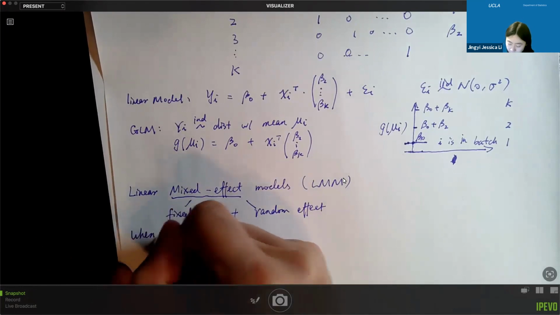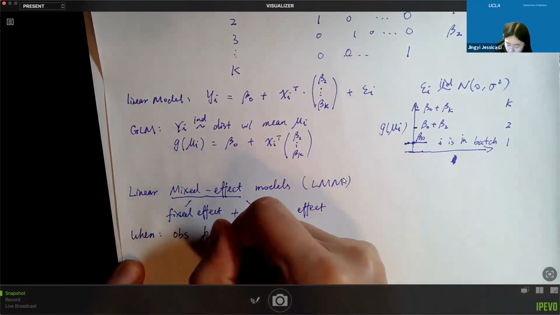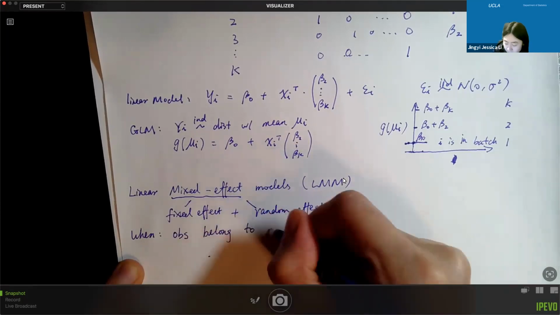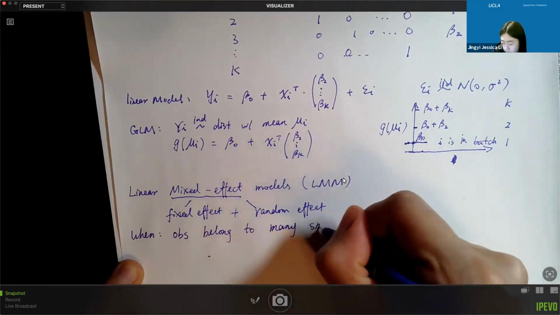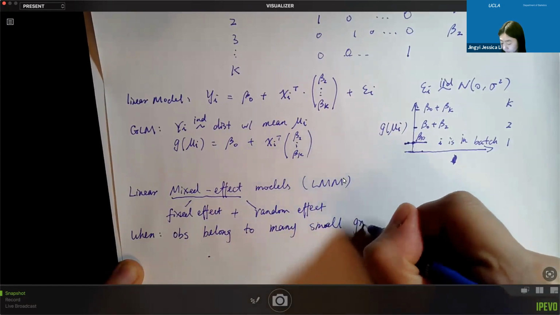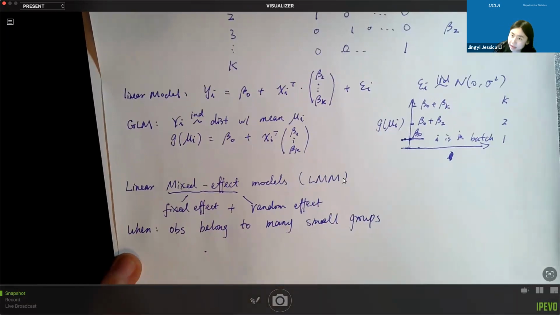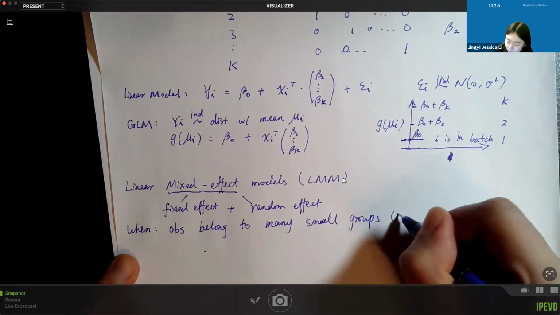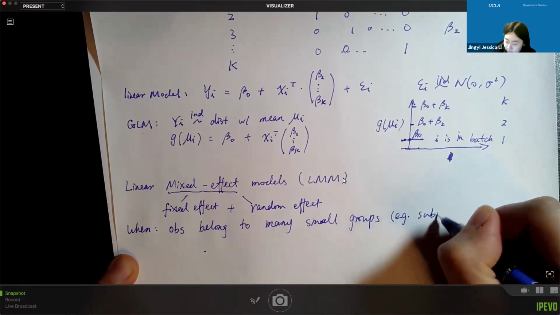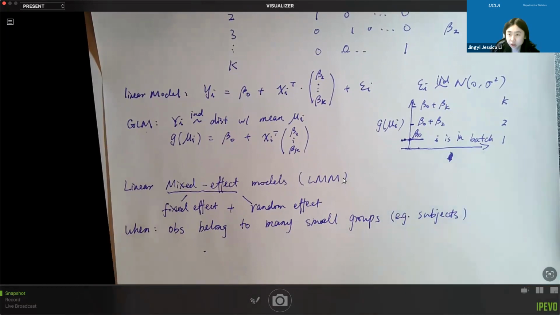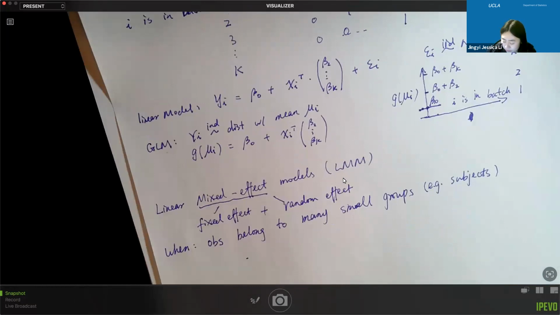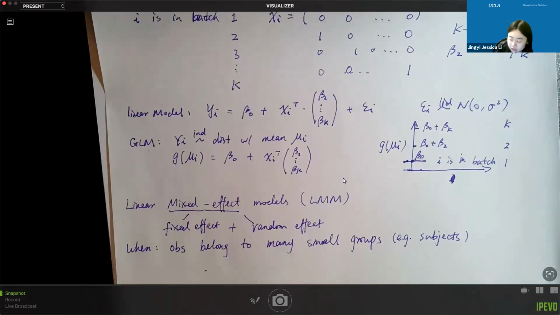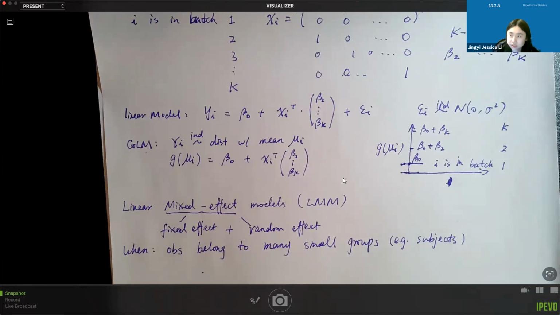Observations belong to many small groups. For example, in biomedical research, the groups may correspond to subjects like patients. I'm going to quickly show you an example by screenshot later. Let's say you want to study the effect of a treatment on the clinical outcome.